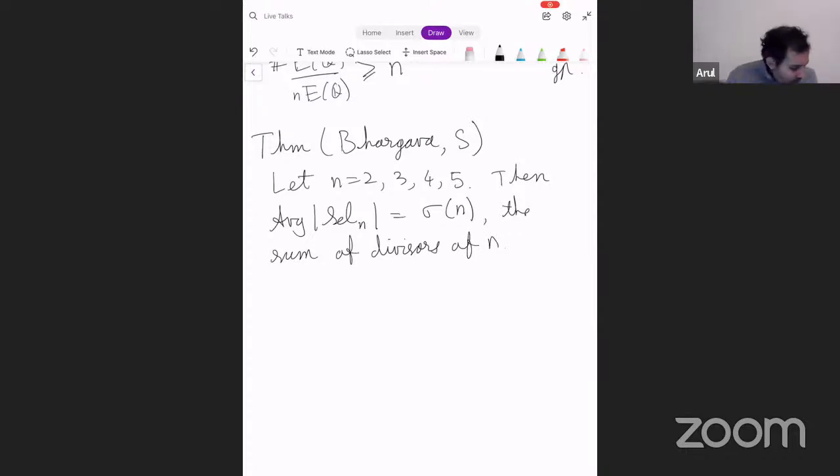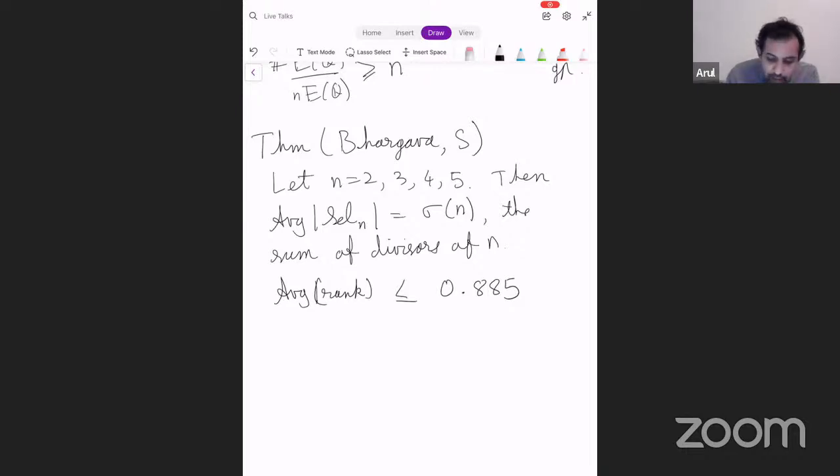And as a consequence, we can prove that the average rank is less than or equal to 0.885.